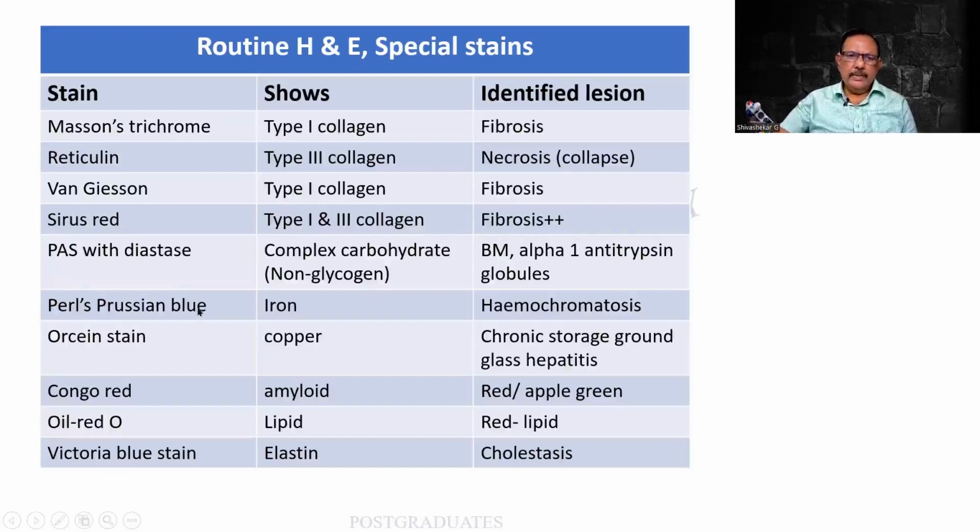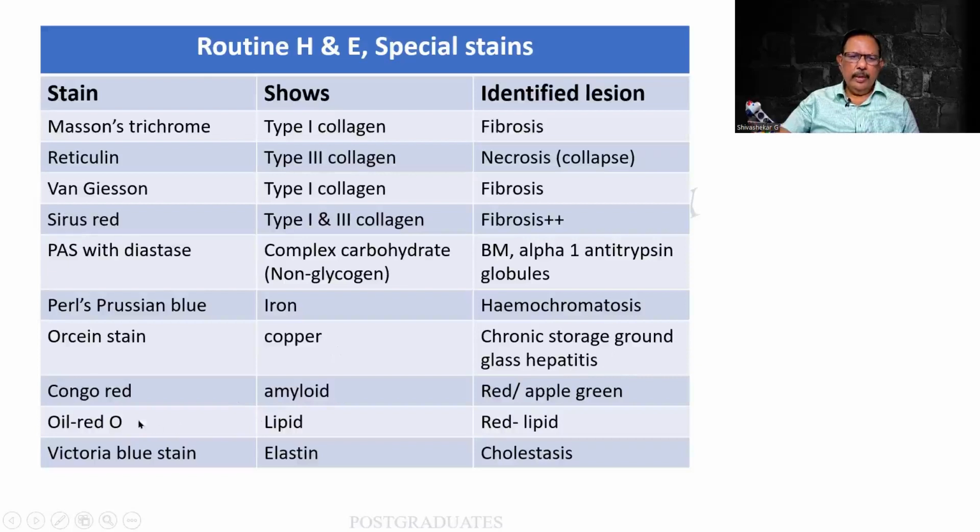PAS with diastase, for any of the non-glycogen complex carbohydrate. It can be in the case of alpha-1 antitrypsin deficiency, sometimes in the case of storage disorders. Perls' Prussian blue for iron in hemochromatosis, Orcein stain for copper in a case of Wilson's disease, or sometimes you find it can be in hepatitis.